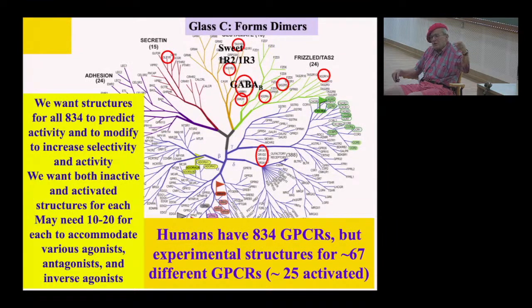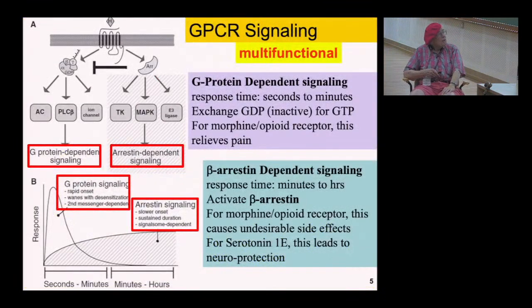That structure may be a little bit different depending on which ligand you're using. And sometimes you want to block activity, so you want an inverse agonist, and so you want a structure for an inverse agonist, and that's very different than the activated structure. So I think we probably want about 25 structures for the active state and about 25 structures for the inactive. So the question is, where are we going to get those structures?